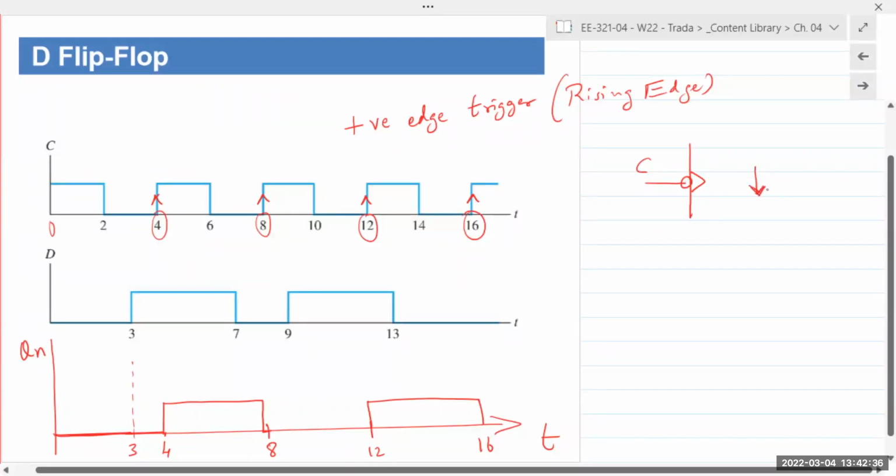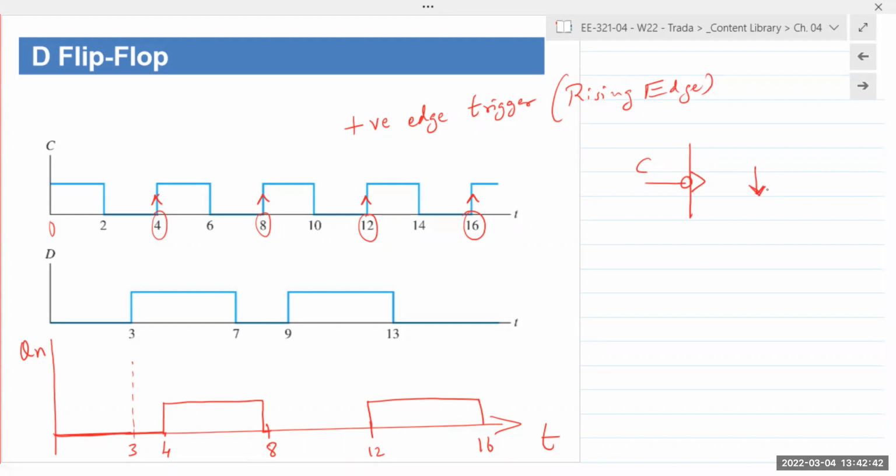Then you identify all the falling edges in the clock, and those are the points in time where the output would equal D. Wherever you have a bubble, meaning the not, it is responding to the negative transition. Negative transitions take place at 2, 6, 10, and 14. At every one of those, it would see what value D has and simply replicate it at the output. So it acts as memory, storing the information.